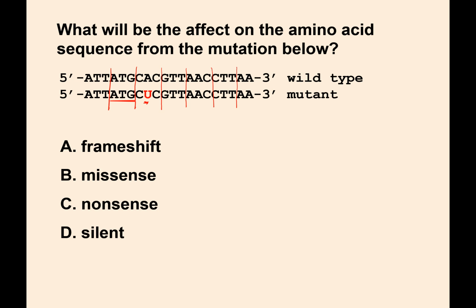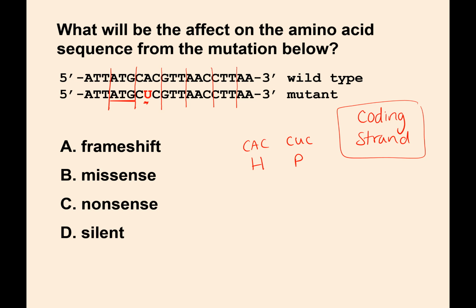And what we have is a base substitution from an A, now a U, and again, we're always going to write the coding strand so that we don't have to base pair and go anti-parallel. CAC encodes for histidine. CUC encodes for proline. So this would be a missense mutation.